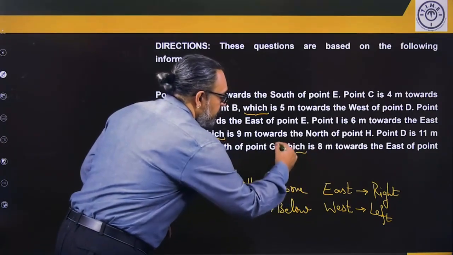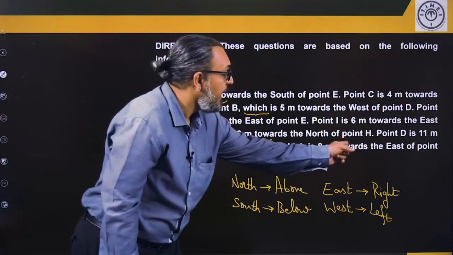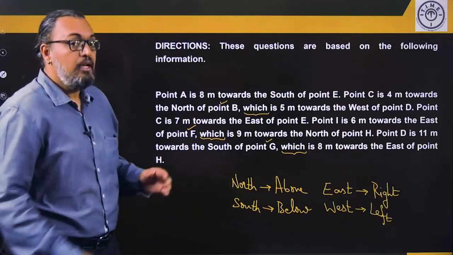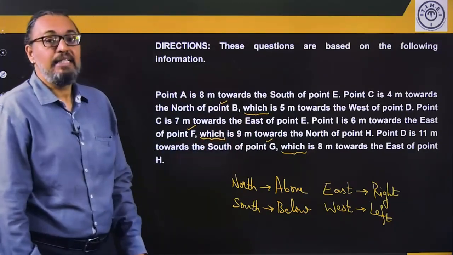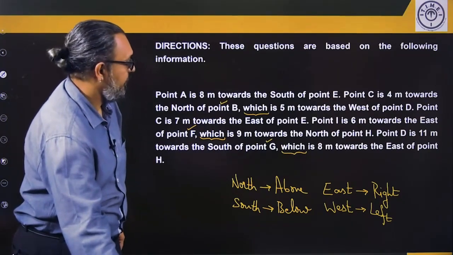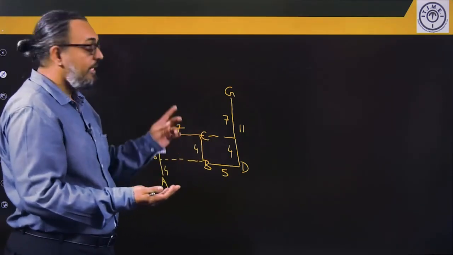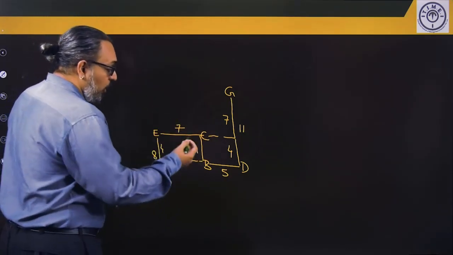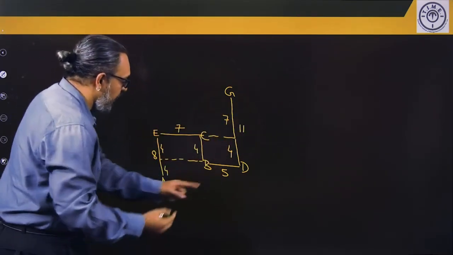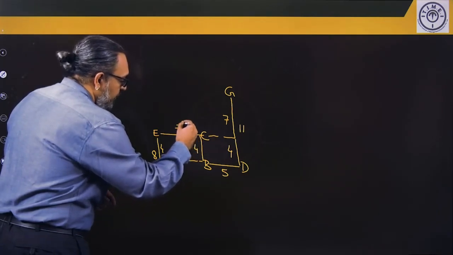Which means again the parameter just before it, that is G is 8 meters towards the east of H. East is right side of H. So right side of H I need G, that is 8 meters. Okay. So right side of H I need G 8 meters. Now again we need to be careful. So right side is our right side here, correct? So we have 5 and I have to take here 3 so that you get 8.